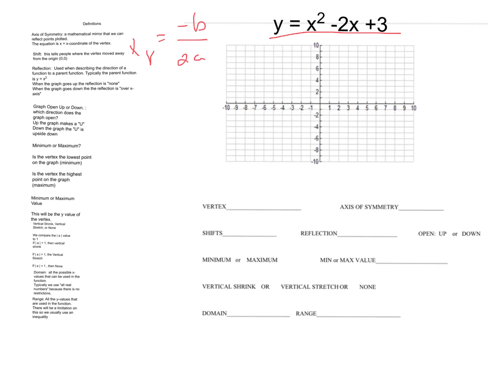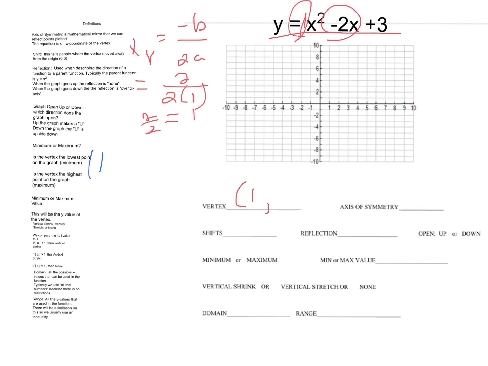Okay. So here we go. -b, b is -2, and 1 is the a. Alright, so -b, +2, all over 2 times 1. Okay. So 2 over 2, which is just 1. So the vertex x is 1. Now, for the y coordinate of the vertex, again, we're going to put 1 in for x.